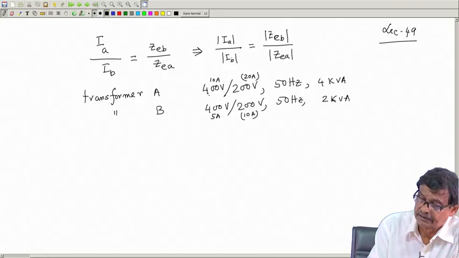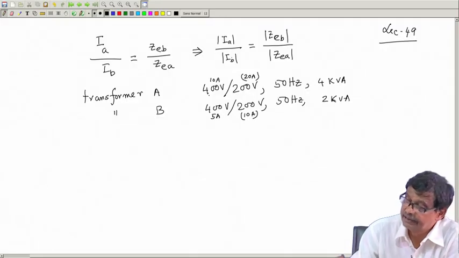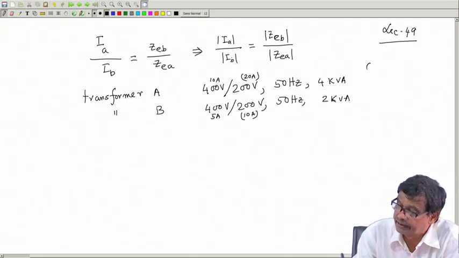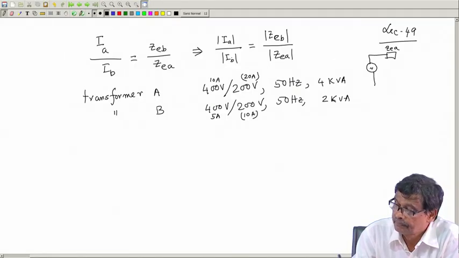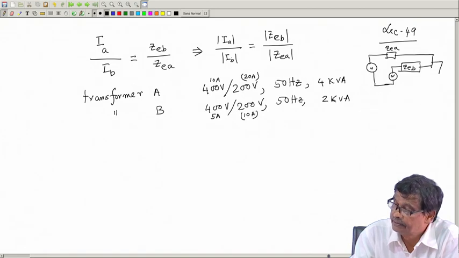We have connected the secondary side, the 200 volt side, in parallel. So this is the circuit. This is one voltage source, ZeA, and this is another voltage source on the secondary side, ZeB, and these two are in parallel with Z2.